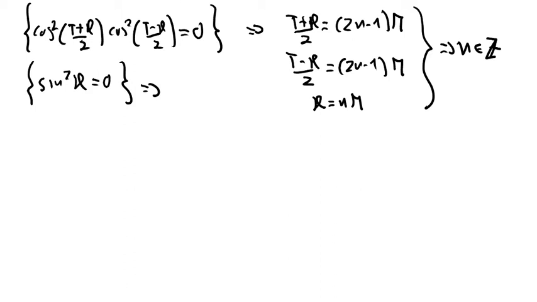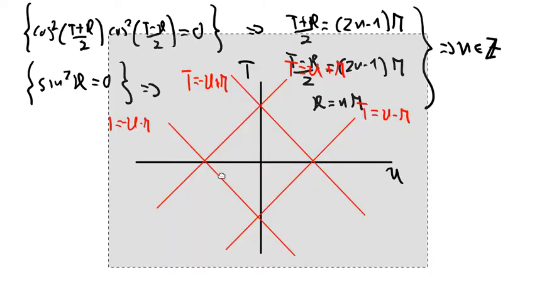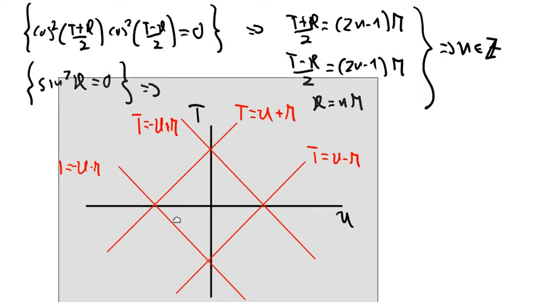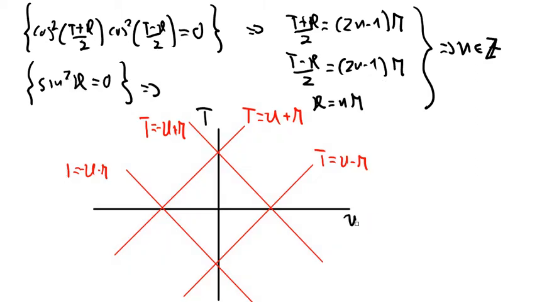Okay, so this is better. Now this is not U, this is big R, and I have to make some changes here. So this is T equal.